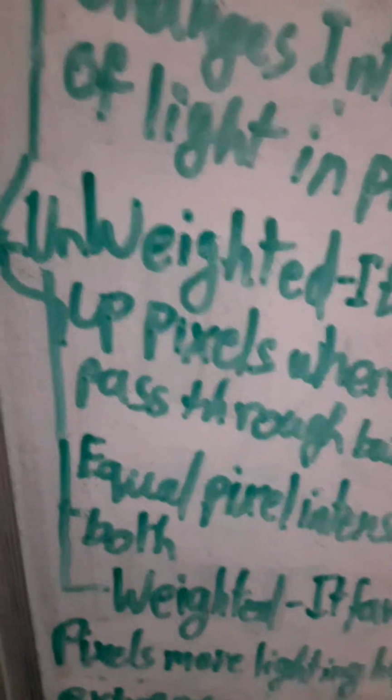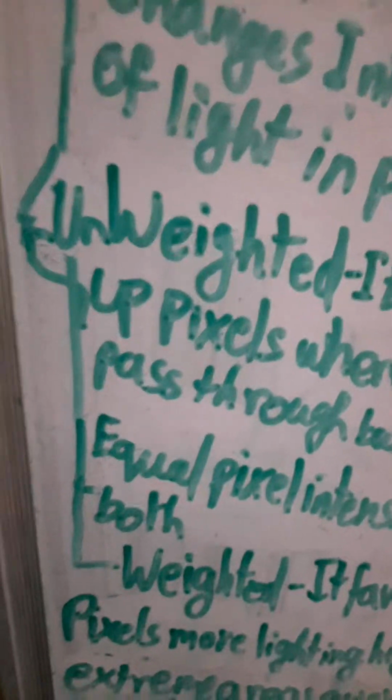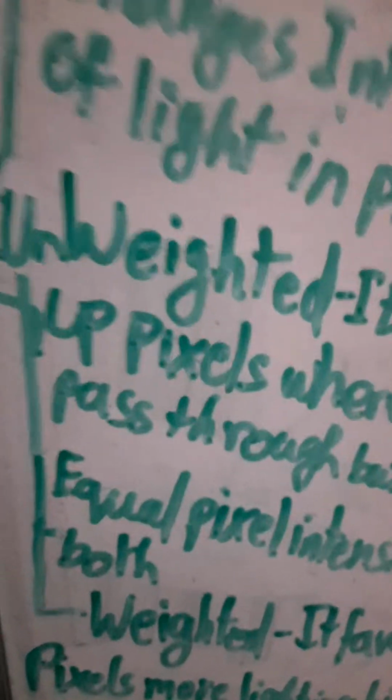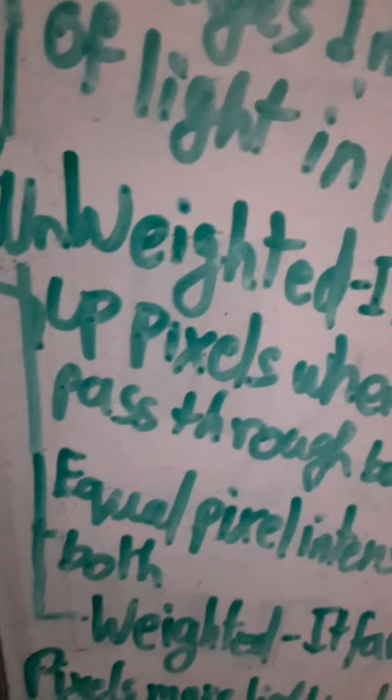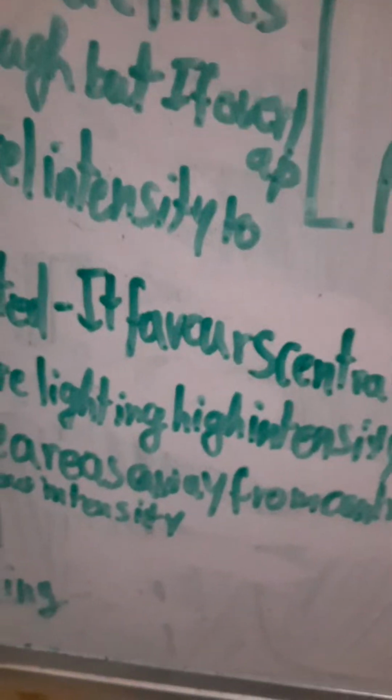So in unweighted you give equality, but in graphics it is actually a primitive version of things, because if you give equal weightage to everything, the shades won't look smoother. When you give it weightage, like center is more highlighted and extremes much less highlighted, it gets much more clarity.